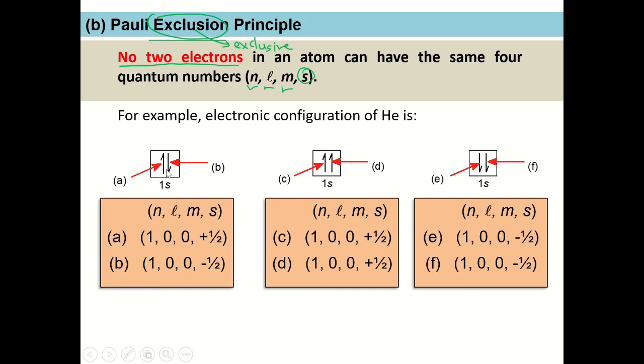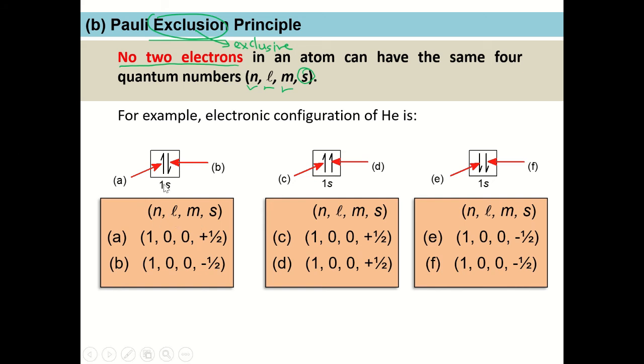So when you draw the orbital diagram, you must make sure the arrows are pointing upwards and also downwards, in opposite spin. Why? Because opposite spin represents different s values. s is the quantum number that shows the spinning motion of the electron.